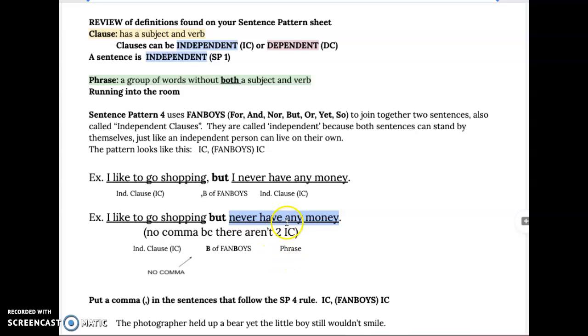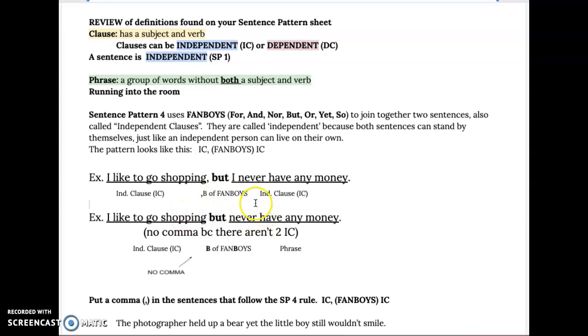Notice this is a phrase, not a clause like we have up here, just a group of words. Remember? Phrase, group of words. When you have this situation, notice there is no comma here because you're not joining two sentences or two independent clauses.